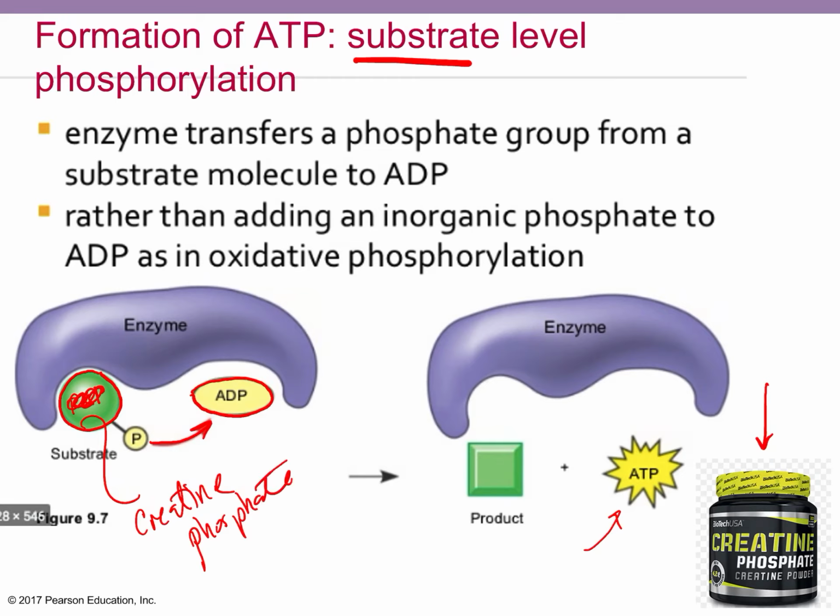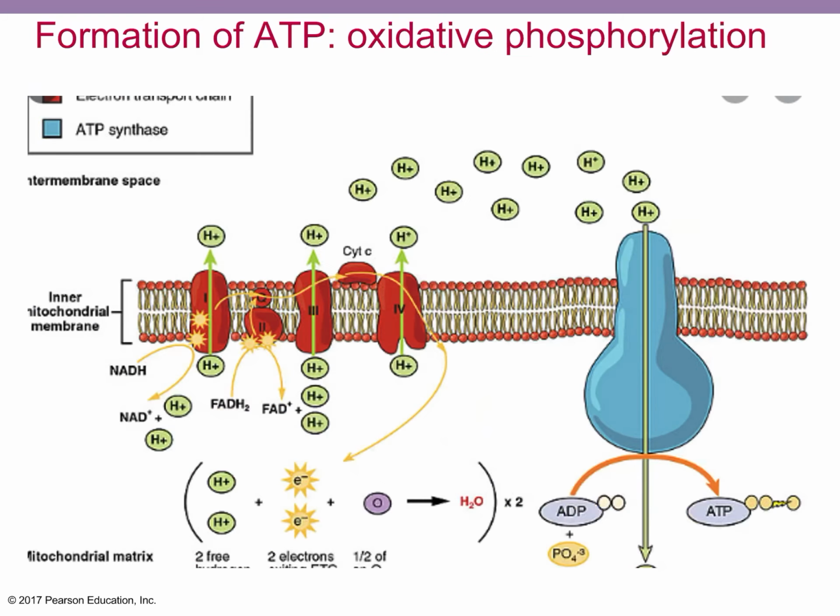So if you take in creatine phosphate, then you're going to have a lot more of this substrate. You're basically packing your muscle cells with this substrate so that your muscle cells are more able to make ATP in this other pathway, in this substrate level phosphorylation pathway. So bodybuilders will often take this supplement to hopefully give them more energy in their workouts, right?